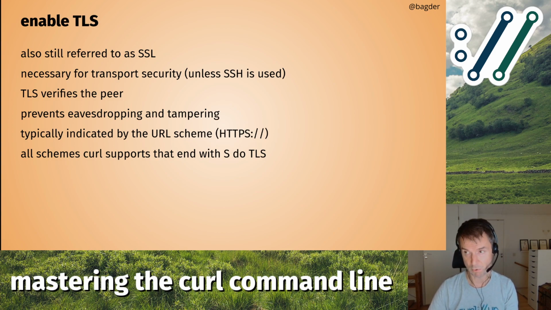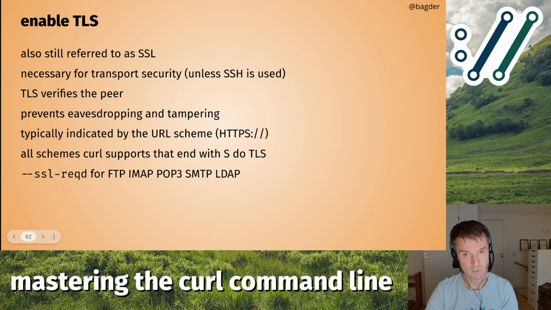So basically, IMAPS, SMTPS, POP3S, they're all TLS based. And if you want to do TLS with some other protocols, which protocols they are, you can only learn by reading the documentation.